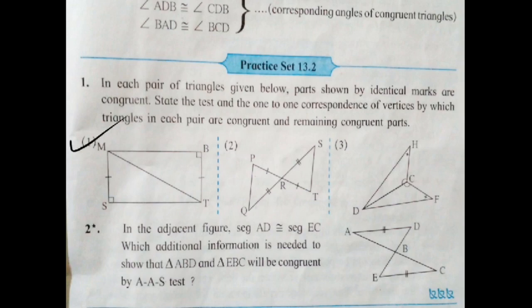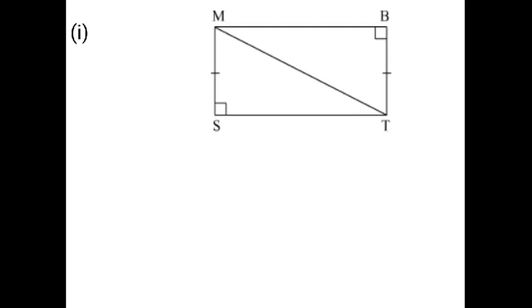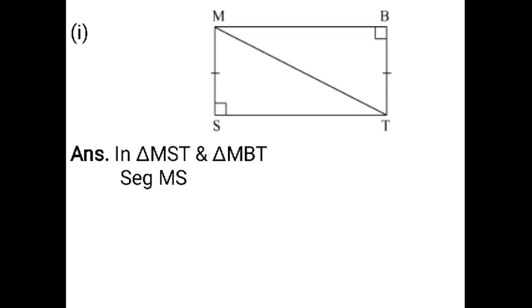So let's begin now. This is the figure of a rectangle. You have the diagonal segment MT of rectangle MSTB. The rectangle is divided into two equal parts. They are the right angle triangles, that is triangle MST and triangle MBT. In triangle MST and triangle MBT, segment MS is congruent to segment BT, in bracket given.